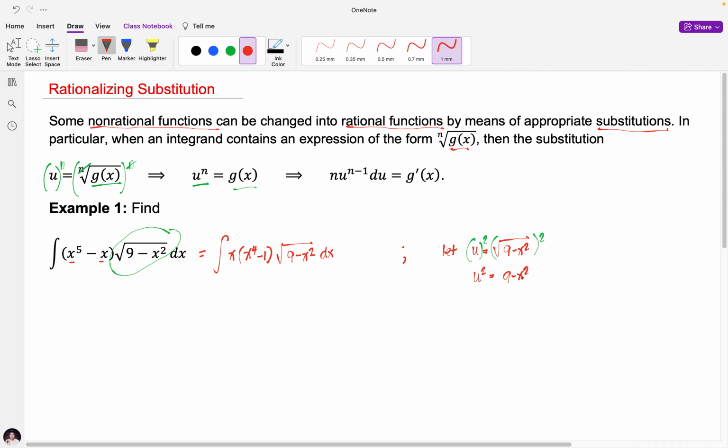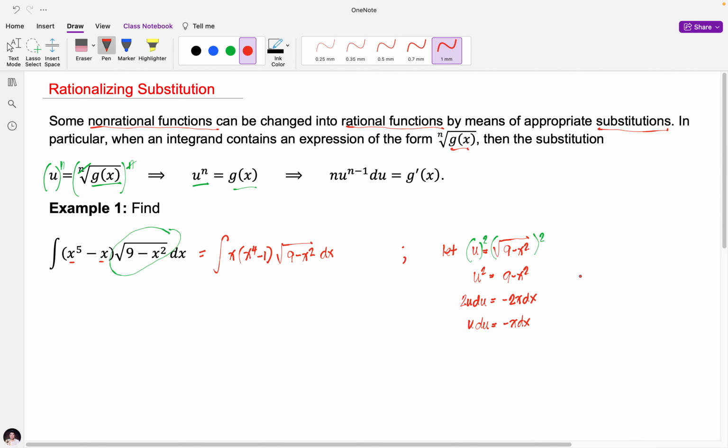Right? And from that, if we will differentiate both sides, that is just 2u du equal to negative 2x dx. So as you can see, 2 is common, if we will divide everything by 2, that is just u du equal to negative x dx.